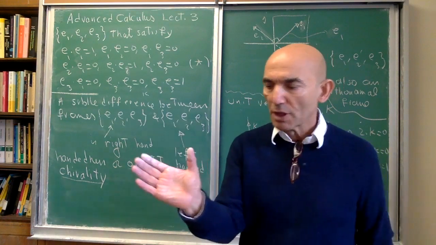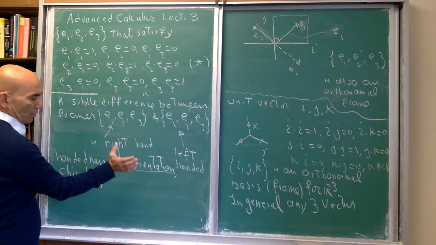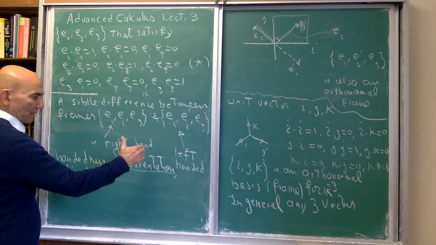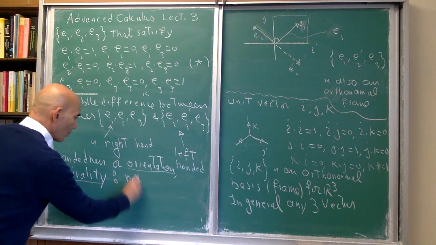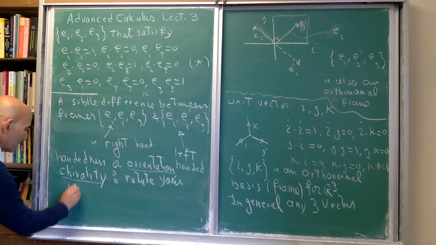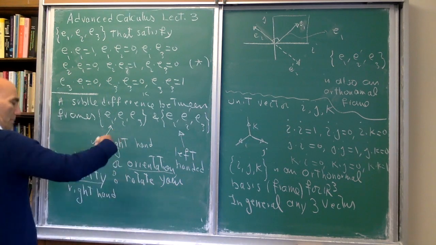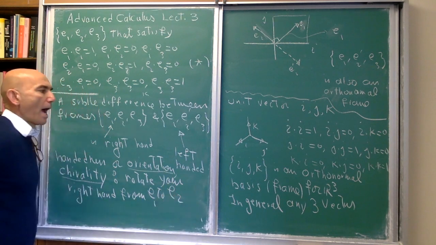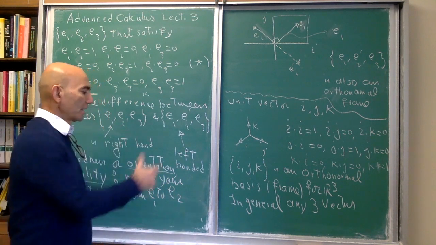Imagine this is IJK, and we have just done a rotation from this. Let me explain this right-hand rule. You can look at the pictures in the book. The idea is that if you rotate your right hand from E1 to E2, you notice that you're forced to point your thumb along E3.